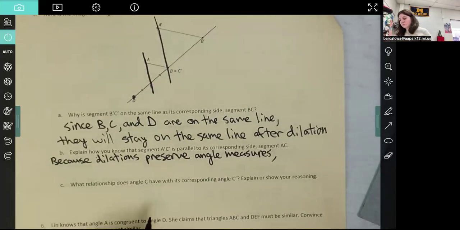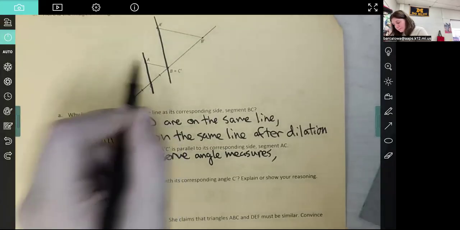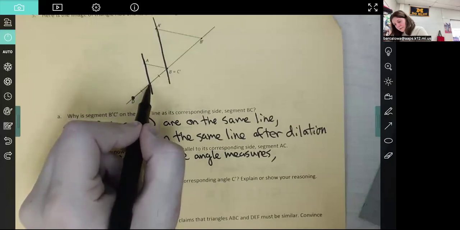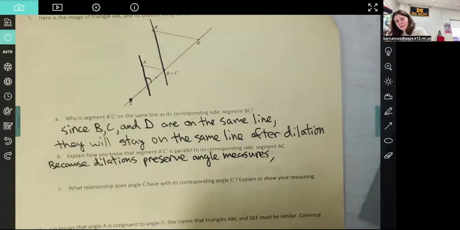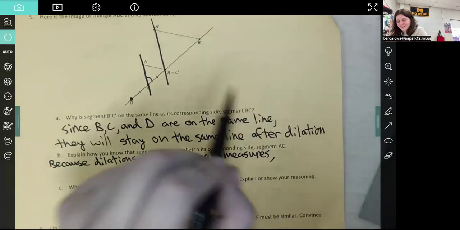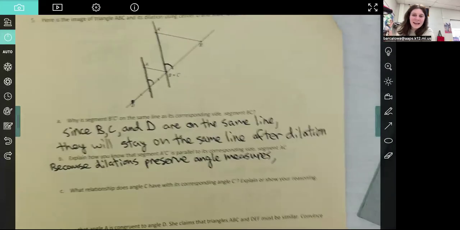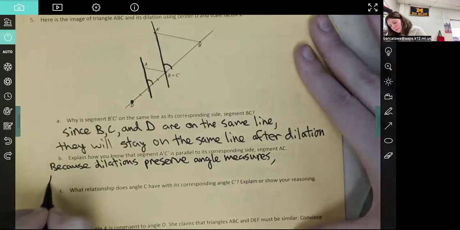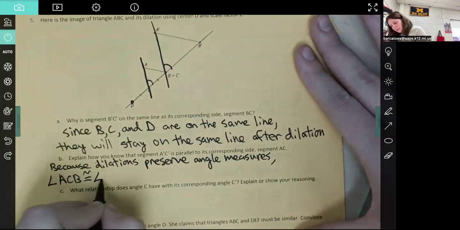Let's look. I know that ACB right here has to be congruent to A prime, C prime, B prime. Those two angles have to be congruent, right? Because dilations preserve angle measures, angle ACB is congruent to angle A prime, C prime, B prime.